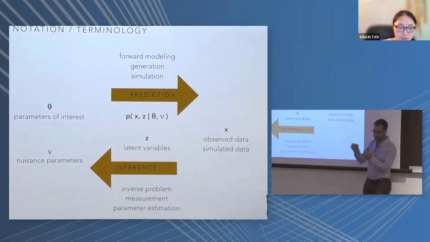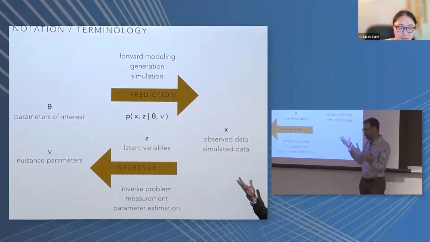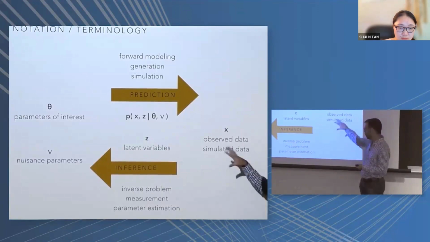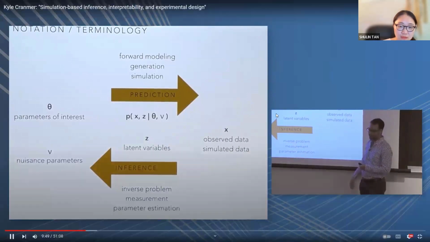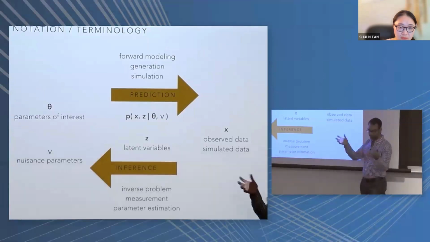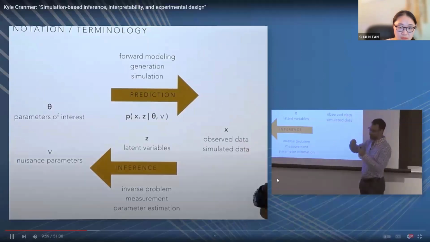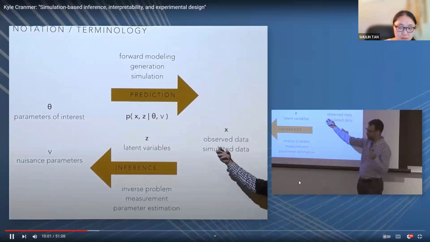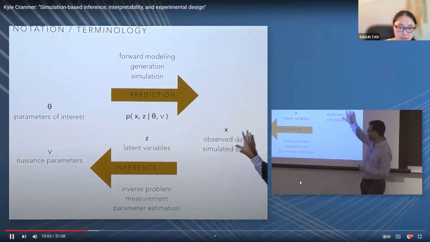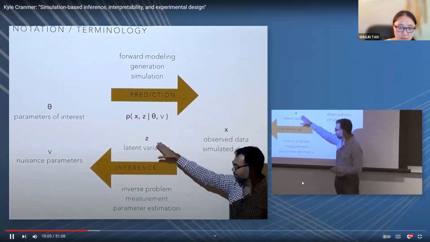These are microphysical states that are available to you in your simulator, but you don't see in real experiments. For example, if you're doing fluids, you have some very fine-grained simulation of what's going on, but the observed data is just some column depth that you're measuring, or something. Those are the latent variables Z.